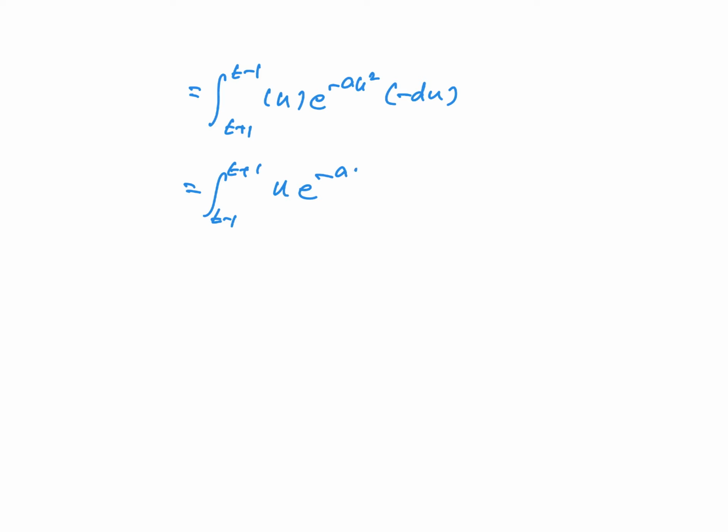So the integral becomes the integral from t minus 1 to t plus 1 of u exponential minus a u squared du. To set u squared as v, then dv is 2u du.